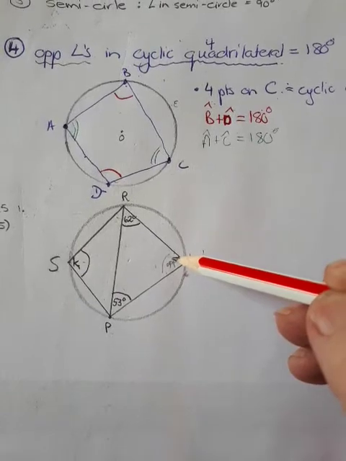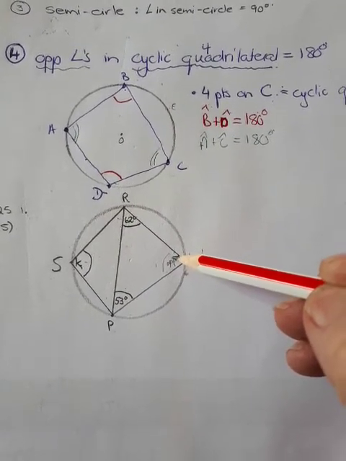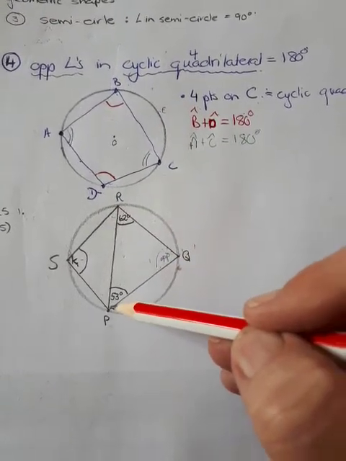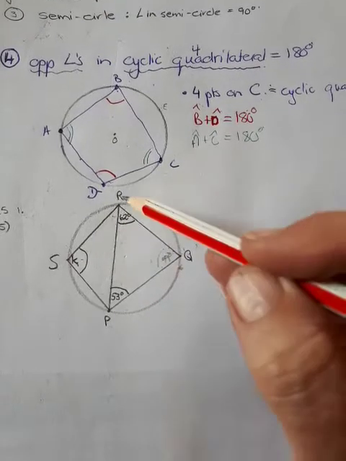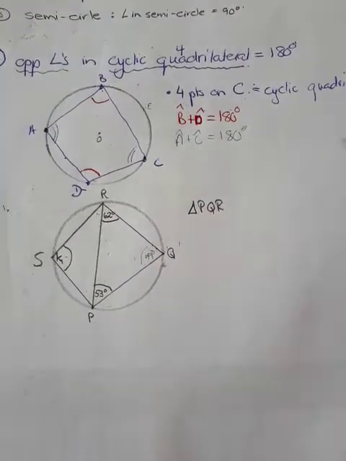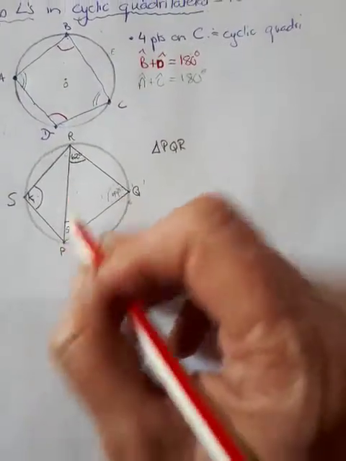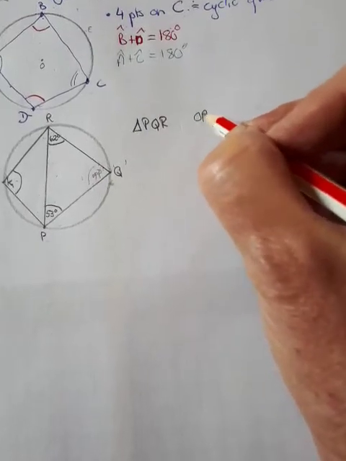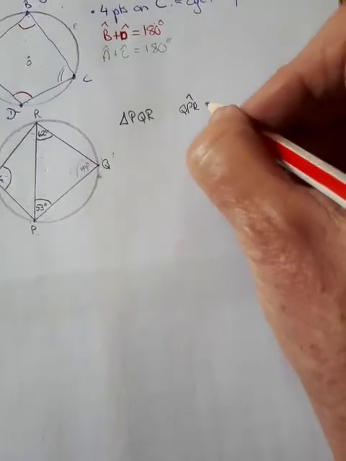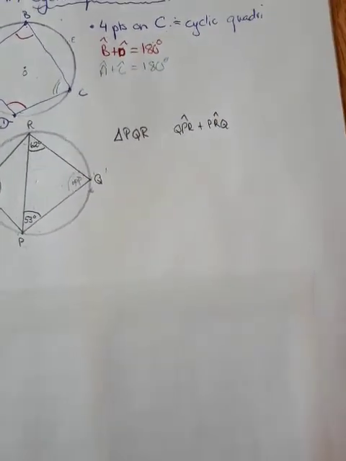And that's where it is so important that you know all your basic properties in geometry. You should recognize triangle PQR. So if we look in triangle PQR, then angle QPR and angle PRQ are given.